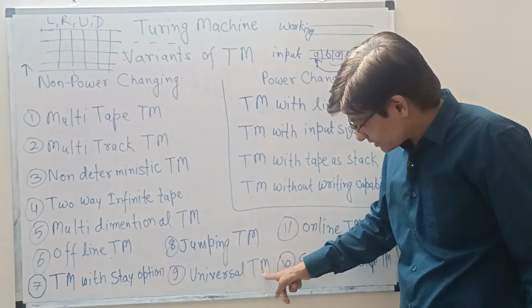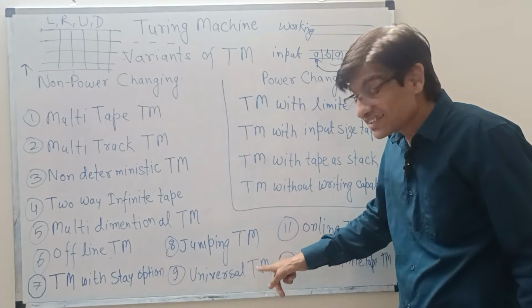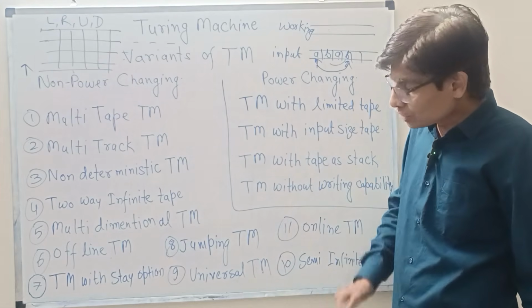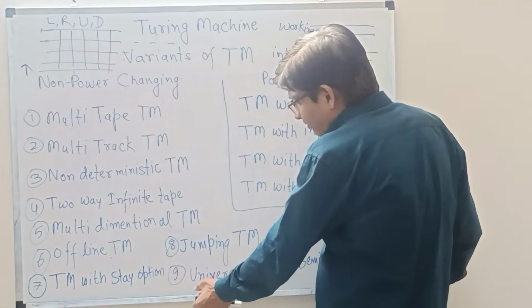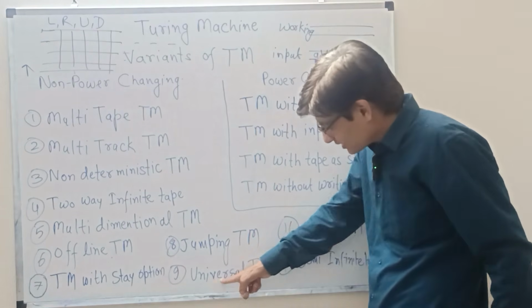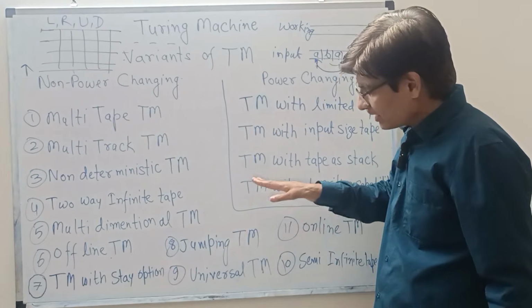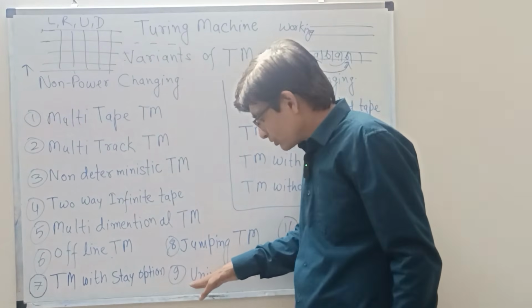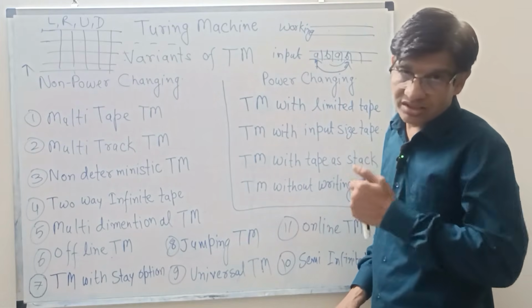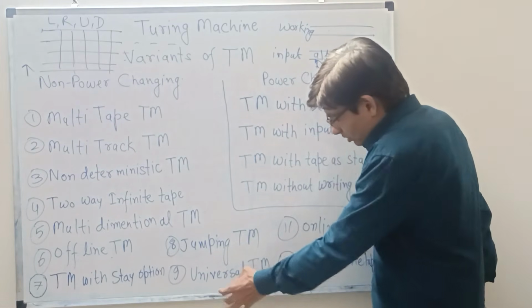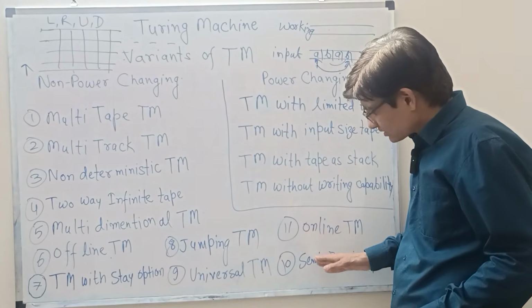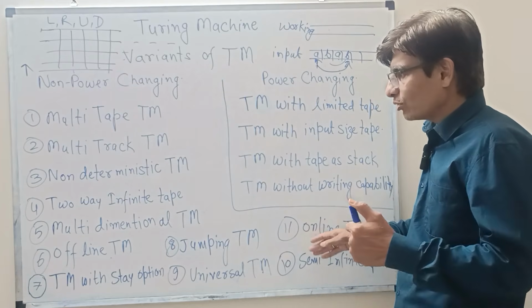That particular version of the Turing machine, known as the universal Turing machine, is itself a digital computer. I will not discuss it in detail in this lecture, but for now you can understand that this is the exact version of a digital computer. This is known as the universal Turing machine, and both these variants I have already discussed.